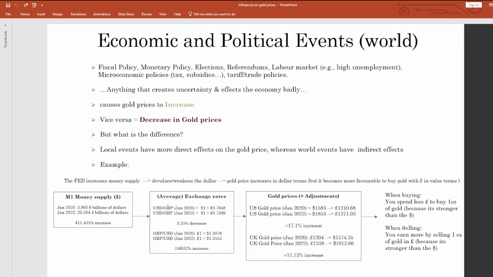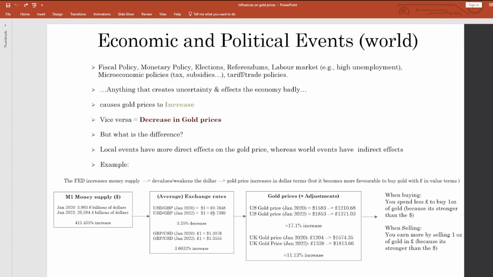We can see that the USD GBP exchange rate, $1 was 76 pence in 2020, and in 2022 $1 was almost 74 pence. So the dollar became weaker compared to the pound by 3.25%.